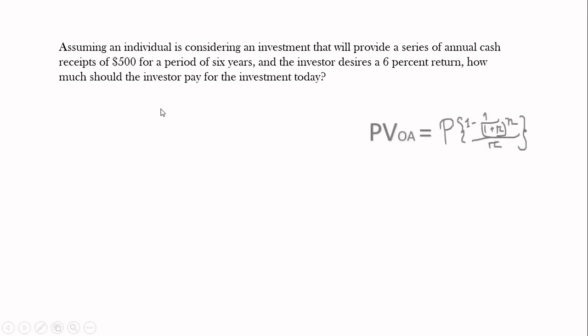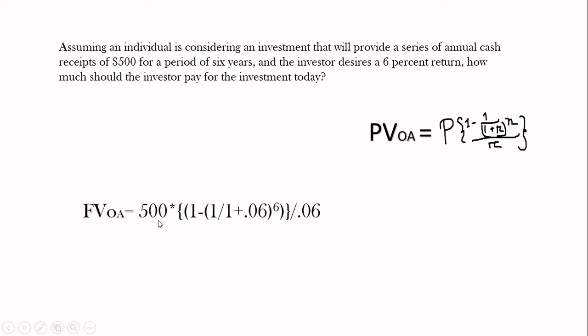Okay, so the present value of an ordinary annuity is equal to payment into 1 minus 1 divided by (1 plus r) to the power n, divided by r. Okay, this is the formula. Here the payment is 500, right? 1 minus 1 divided by 1 plus r. Here r is 6%. You have to be very careful while putting this r, because you have to see whether it's compounded monthly or yearly or semi-annually.